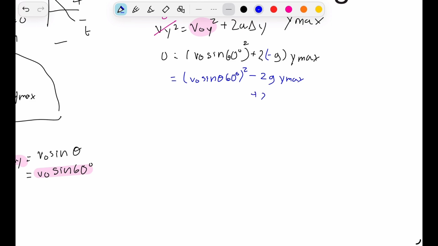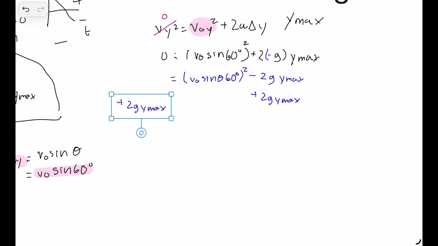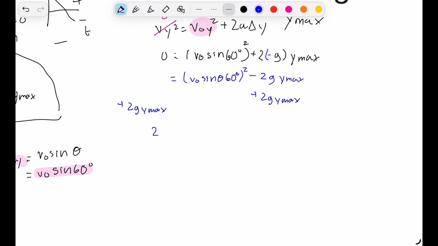What we can do is add 2g y max to both sides. So this is equal to v initial sine 60 degrees squared.